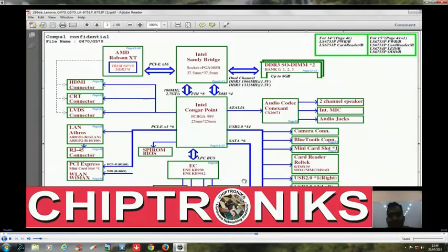Okay, so we have till now discussed a schematic diagram of a dual core based laptop, that was HP DB2000. Now we'll concentrate on a newer kind of laptop. This is Lenovo G570. I must mention one thing, that whatever I'm explaining is common to all notebook motherboards.